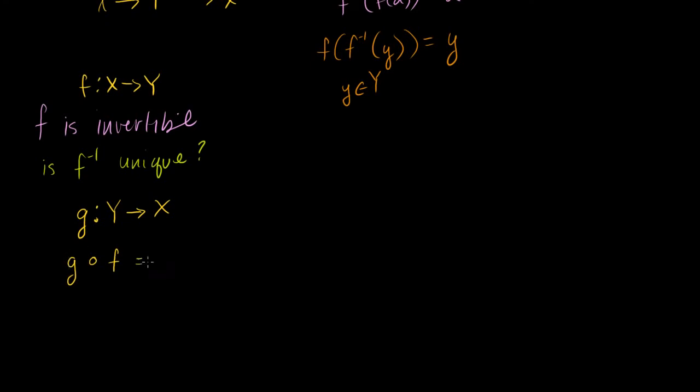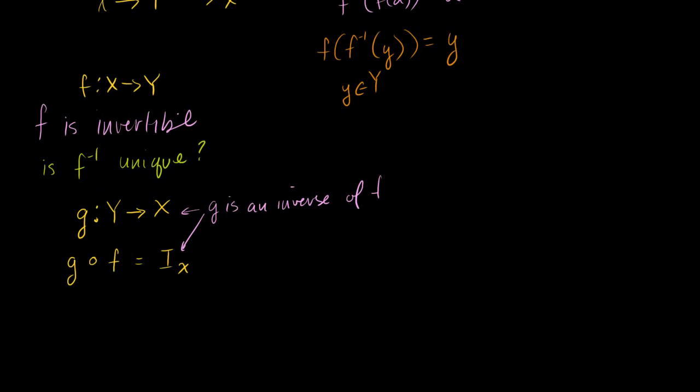This is equivalent to the identity function. This was part of the definition of what it means to be an inverse. So I'm assuming that g is an inverse of f, and this assumption implies these two things.